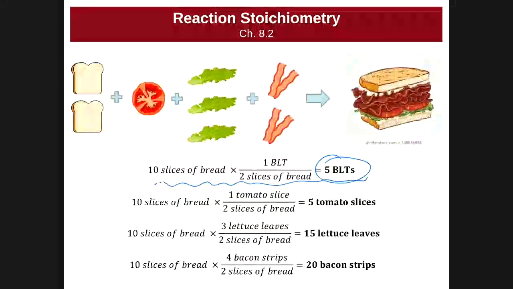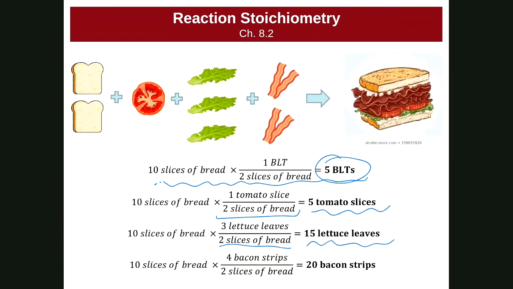So how many of the other ingredients do we need? Just so we can set out our ingredients on the counter. 10 slices of bread times our ingredient ratio of tomatoes to bread tells us we need 5 tomato slices. 10 slices of bread times our ingredient ratio of lettuce and bread tells us we need 15 leaves of lettuce.